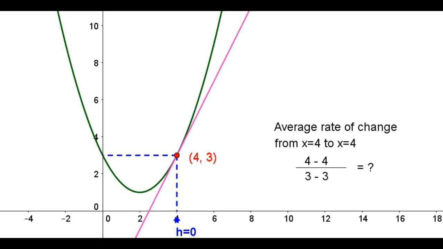We just can't find that slope by subtracting the y-coordinates and the x-coordinates of 2 separate points because we don't have 2 separate points. The distance between the x-coordinates of these 2 points has become 0. So how can we find the slope of a tangent line when we're looking at a line that only touches our curve in 1 point?